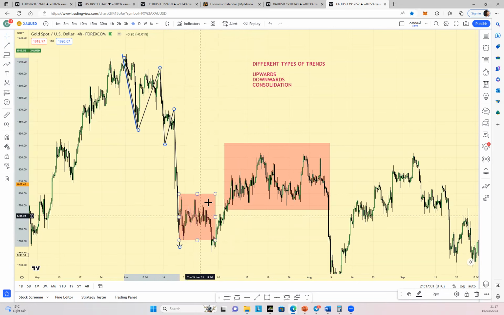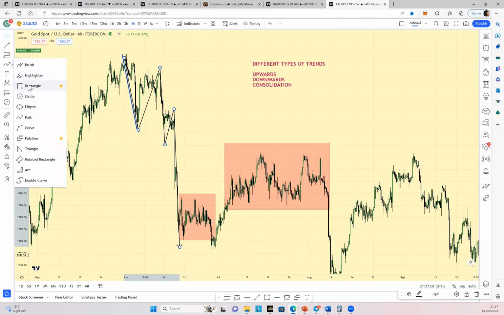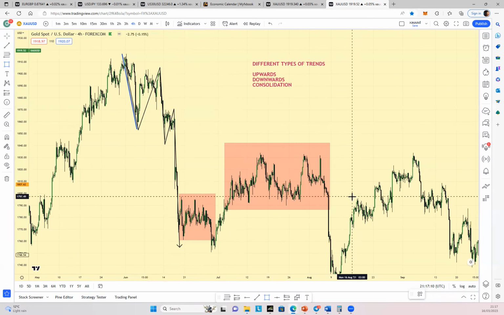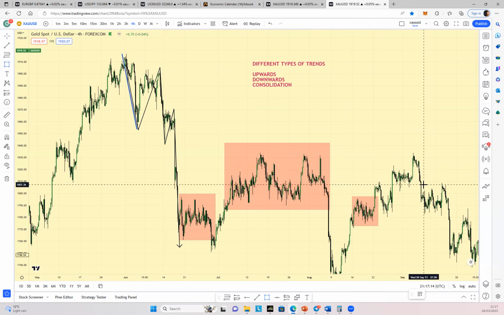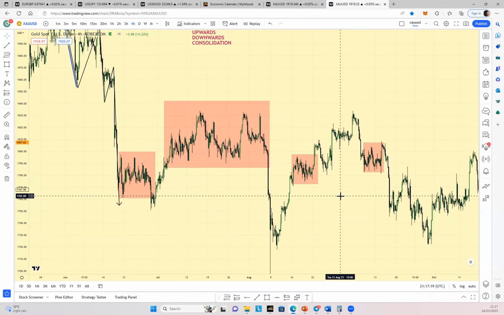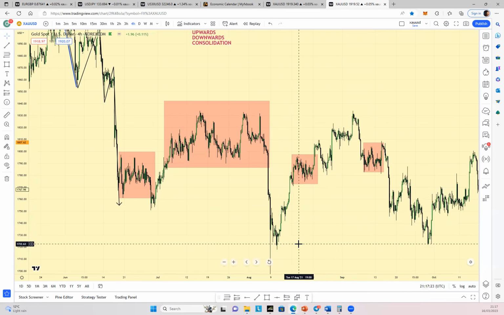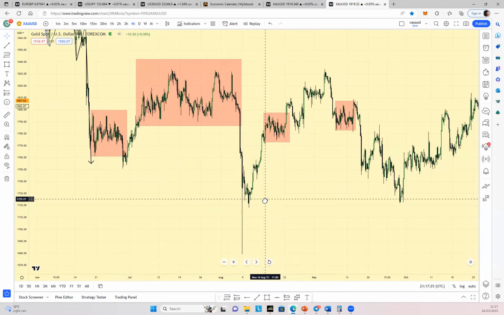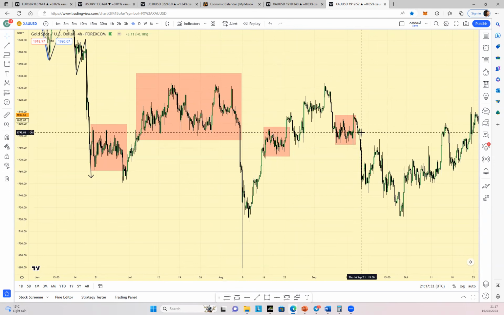So what is this one? It'll be the same thing. What's the same thing? Consolidation. Yes. What is this one? Ranging. Yeah, ranging. But look at the stock overall. Forget about what's inside the box.